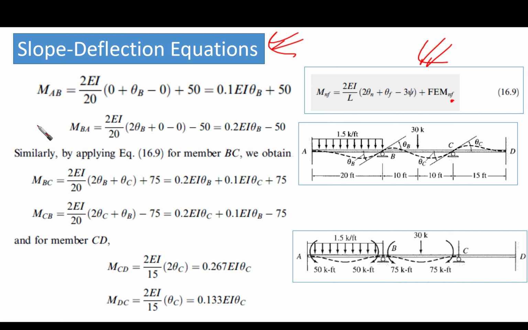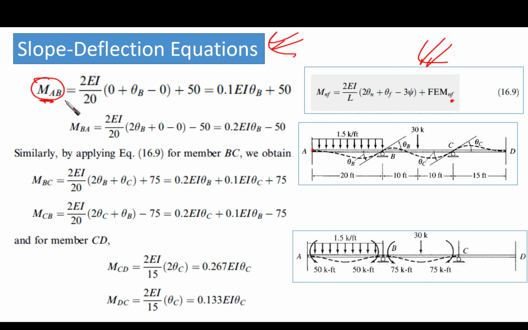So now let's apply our slope deflection equation. We are going to apply it at every point available for us. We're going to apply it at point A, so we want to get the moment MAB, the first moment.